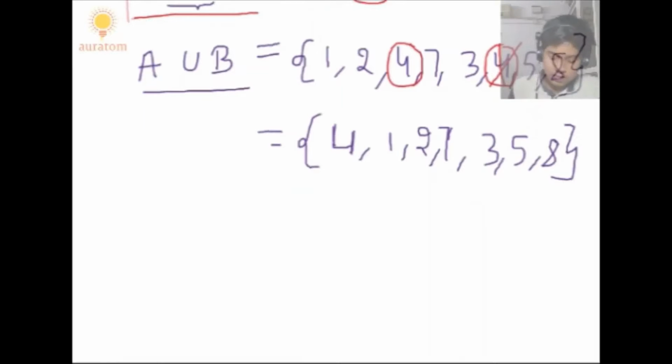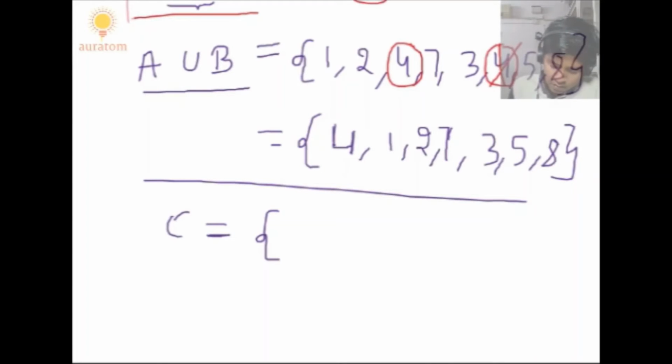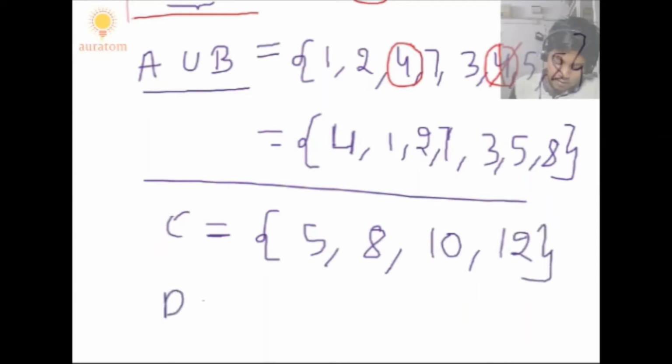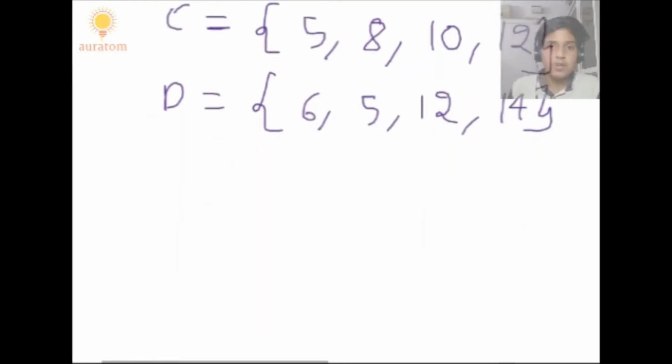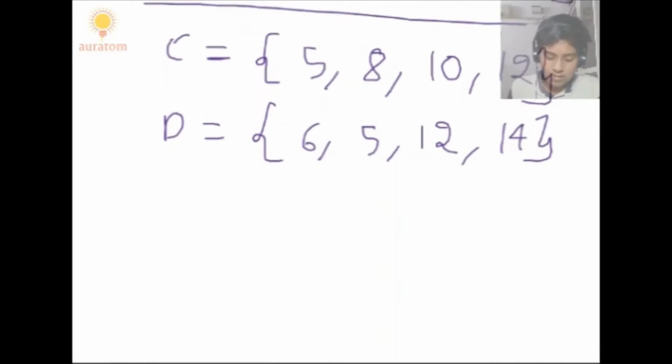Let's take another example. Let's take C to be 5, 8, 10, 12, and let's take D to be 6, 5, 12, 14. Okay, now let's define the operations on these sets. The first operation is the intersection operation, which is denoted with this inverse U symbol.